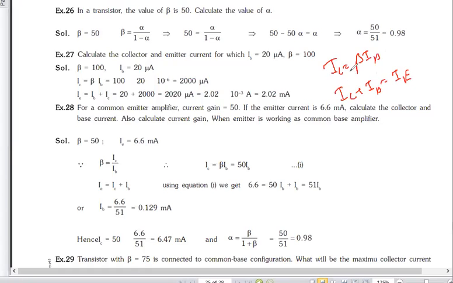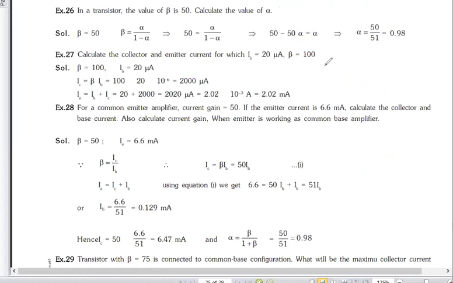We have already used this, and IE is equal to alpha IC, right? Did I make some mistake or what? I made a small mistake, I guess.